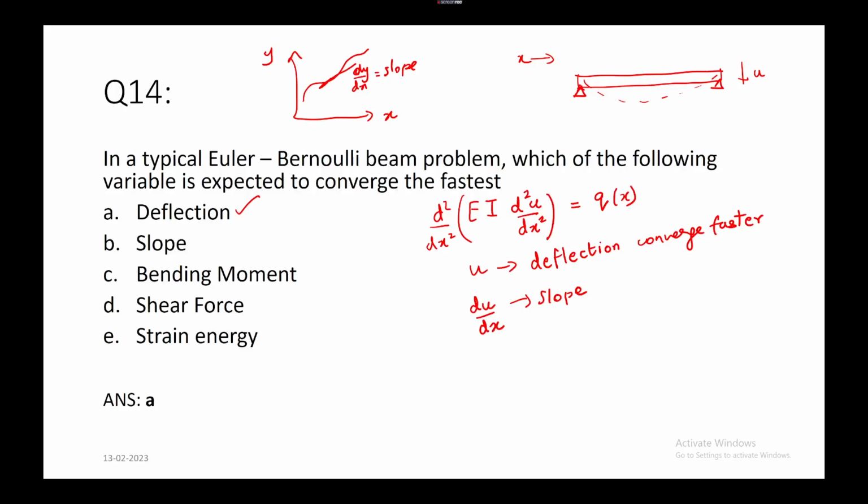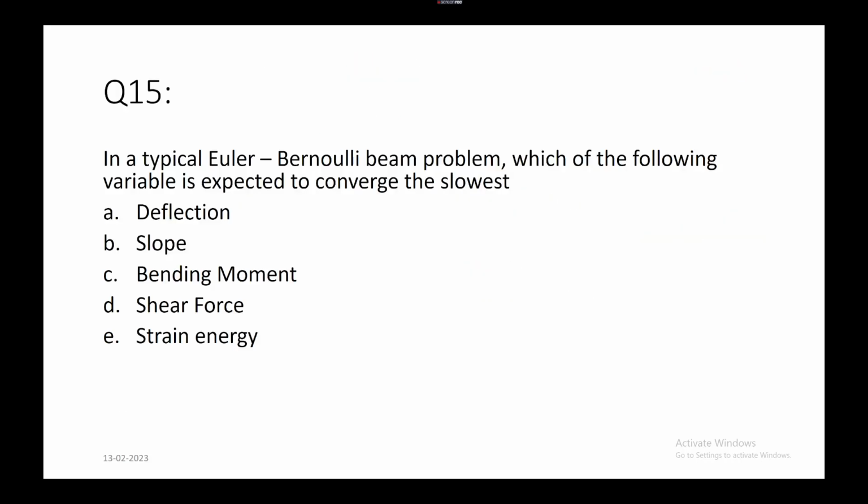So we saw the answer is A. Same question: which of the following is expected to converge the slowest? You need to think. What are the orders of differentiability for each term? If you guess this correctly, then you can get the answer.